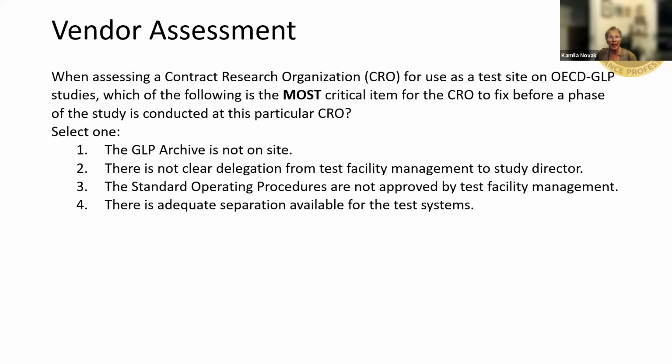There is not clear delegation from the test facility management to study director. The SOPs are not approved by test facility management. There is not adequate separation available for the test systems. That would be the logical thing that is missing there.